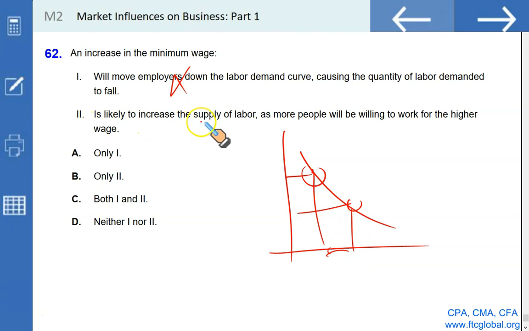It is likely to increase the supply of labor as more people will be willing to work for higher wages. This part of the statement is correct, more people will be willing to work for the higher wage, but the first part is wrong. Why? Because at a higher wage rate, there is an increase in the quantity supplied of labor, not the supply of labor. So this part makes it incorrect, which means neither 1 nor 2 are correct.